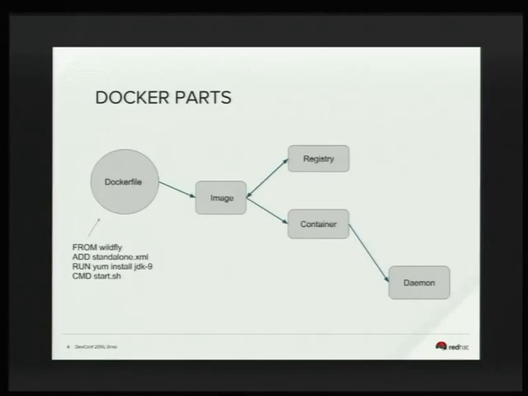So you define what image to base it on, and then you add some of your own configuration, and then you build it, create an image, then you start a container, run it on a Docker daemon, and it's running. Or you can get an image from a registry, from the Docker Hub or some other, and then also run it. Or if you build your own image, you can then push it to a registry.